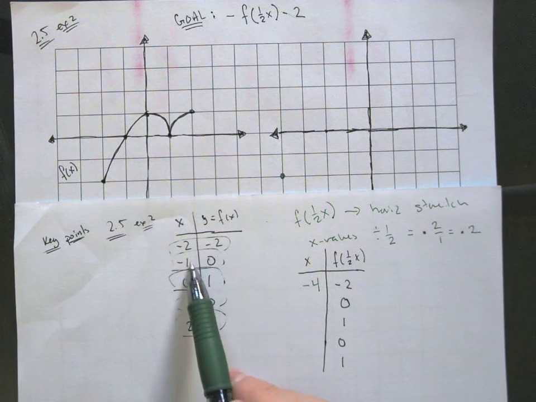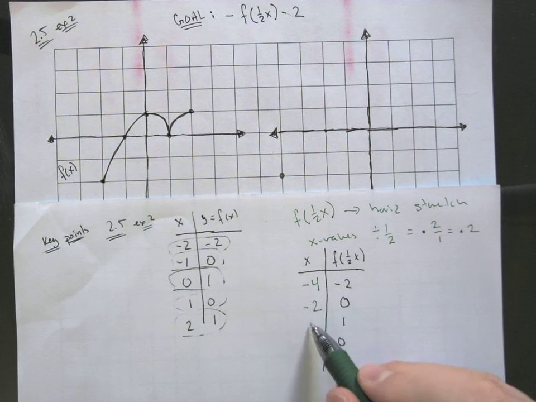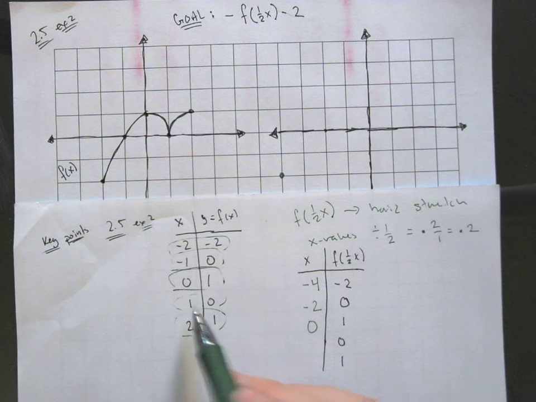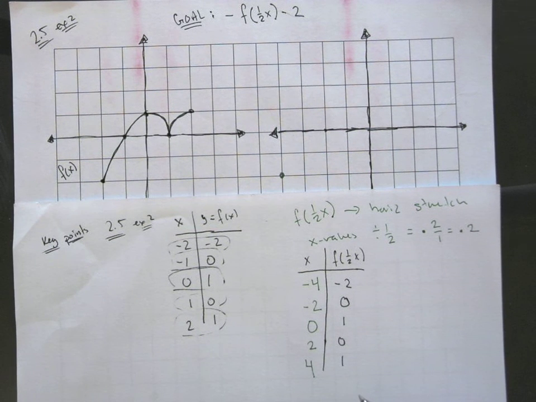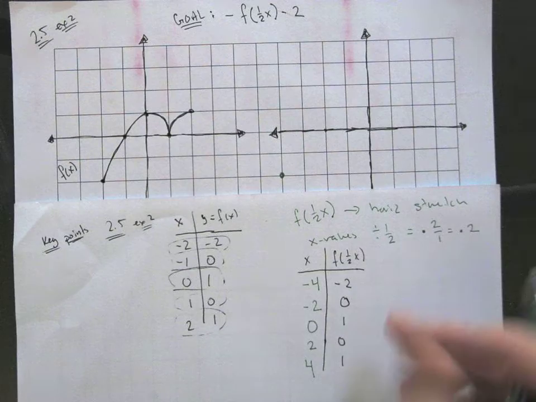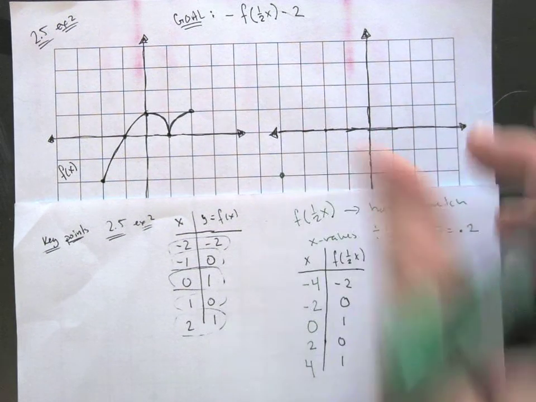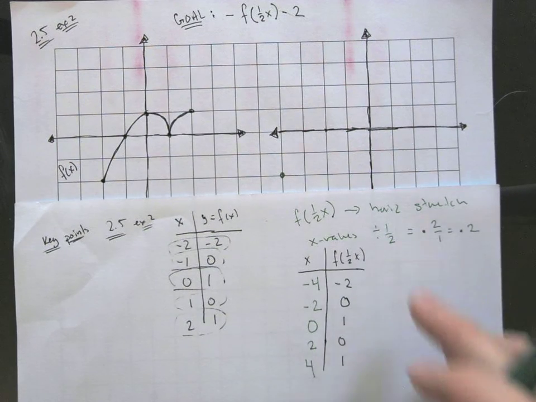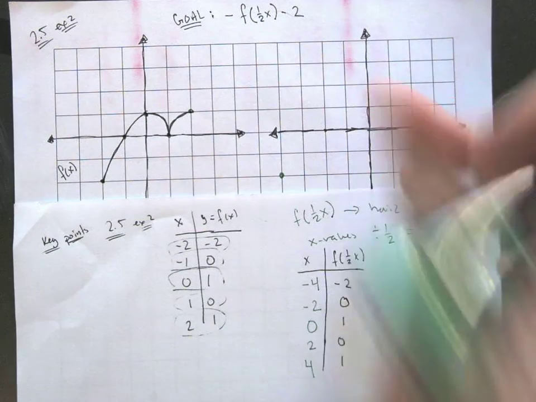We'll keep that going. -1 times 2 is -2. 0 times 2 is 0. 1 times 2 is 2. 2 times 2 is 4. So we've essentially doubled all the x values. That takes our graph and expands it from left to right. We're centered in the middle, so the middle stays fixed and we're moving outwards from there.